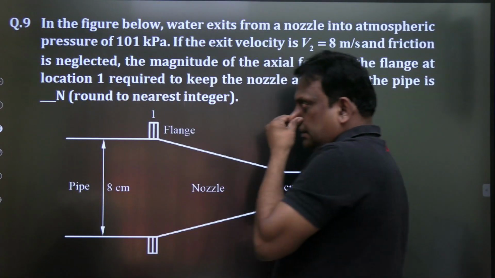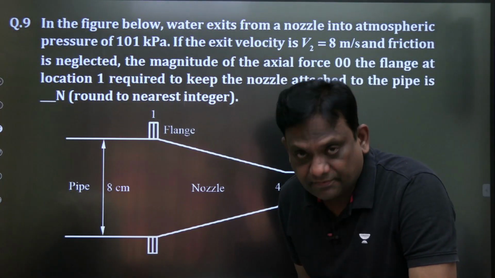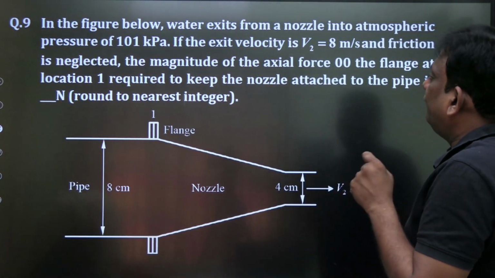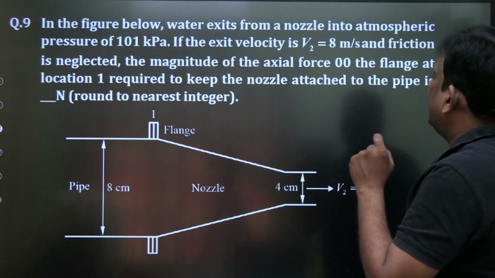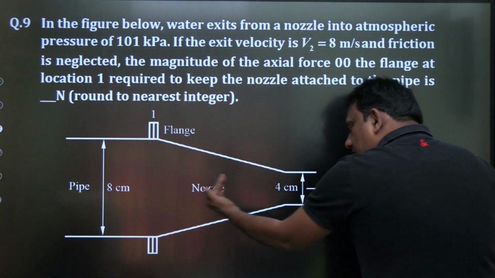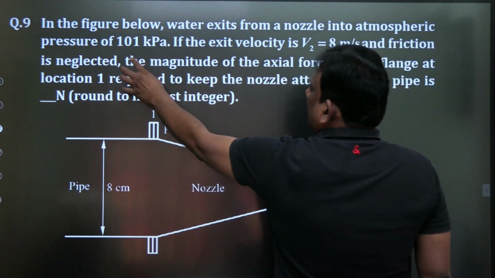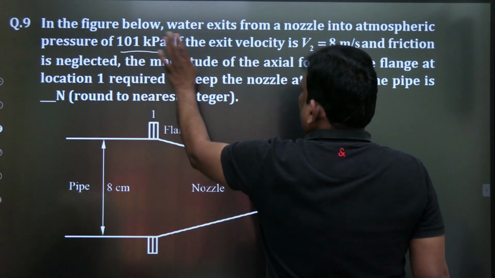Take this question. My dear students, please read the question. In the figure below, water exits from a nozzle. This is the nozzle, and water is exiting from it into the atmosphere, and the atmospheric pressure is 101 kilopascal.